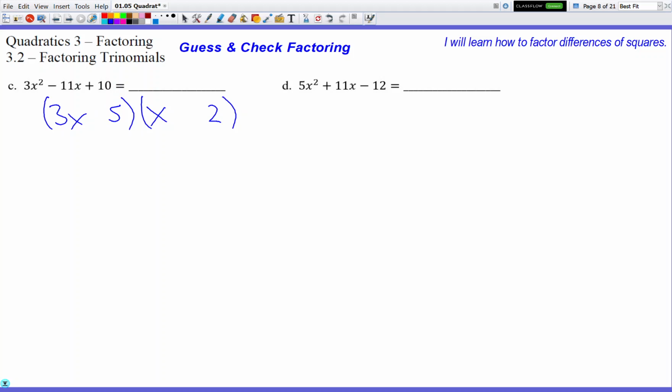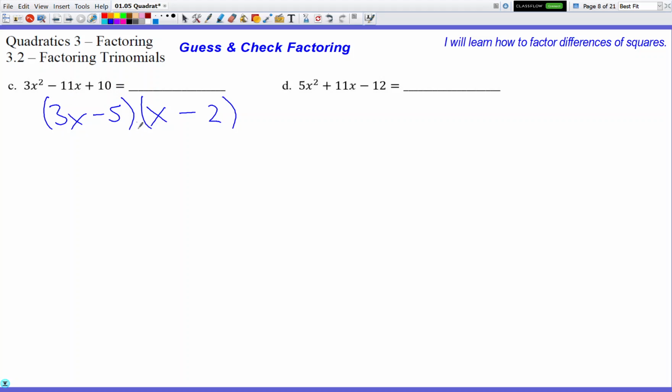I got these numbers because I did the answers already beforehand, before I made this video, so I know which ones work. So I did my guessing and checking already. If you're thinking, oh, Ishikawa's getting it correct on the first try, of course I am, because I did it already on a scratch piece of paper. So I'm going to put negative 5, negative 2, because I need to make positive 10, and my middle number is negative 11.